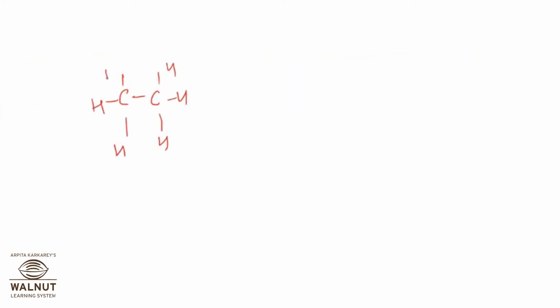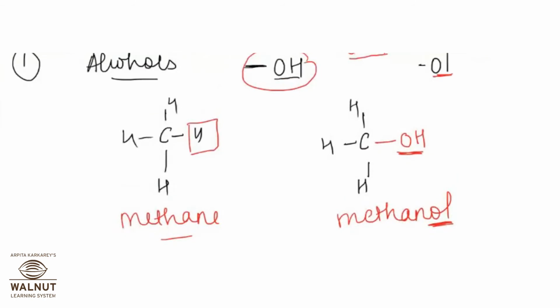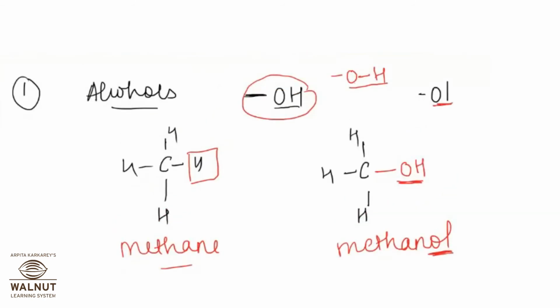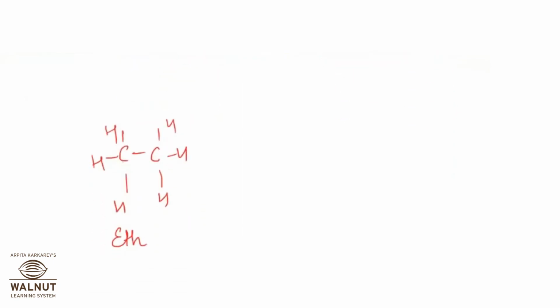Now this is a 2 carbon compound, right? 1, 2. When there are 2 carbons, the root word is eth. Now this is an alkane because I don't see a double bond over here, right? So whenever there are 2 carbons, the root word that we use is eth.